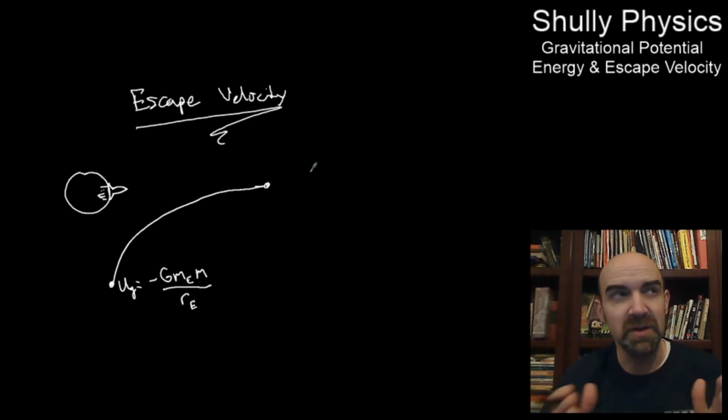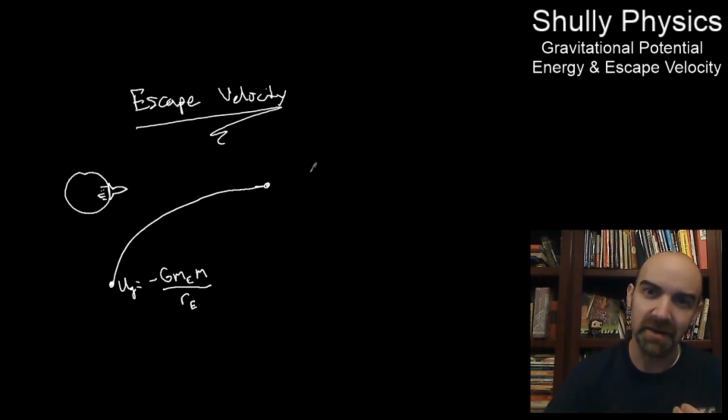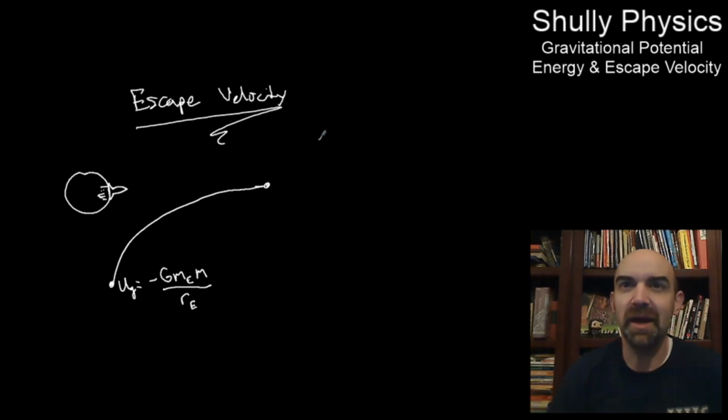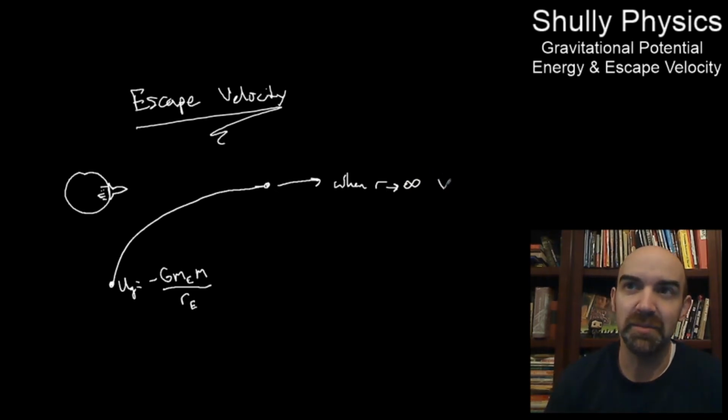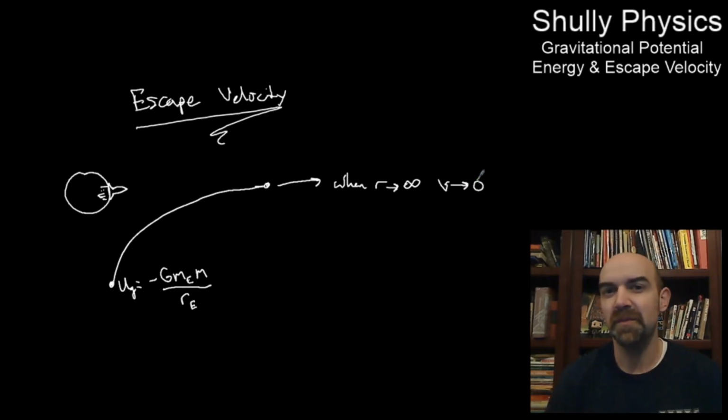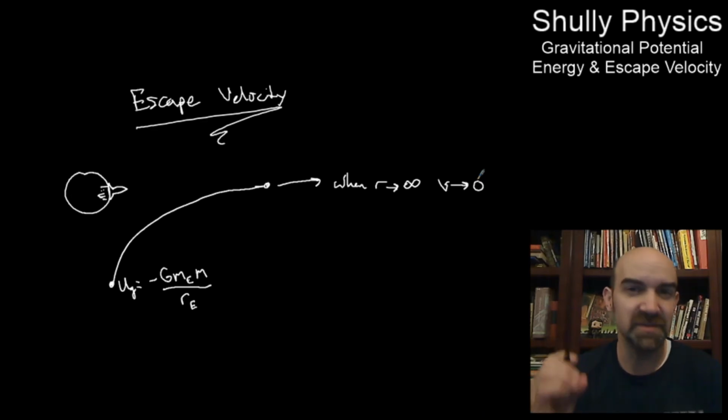In other words, can we get to a point where we go so high that our velocity becomes 0 and we don't come back? At an infinite distance away, when r approaches infinity, what does our velocity approach? 0. And if we hit 0 and we never fell back, we've achieved escape velocity.